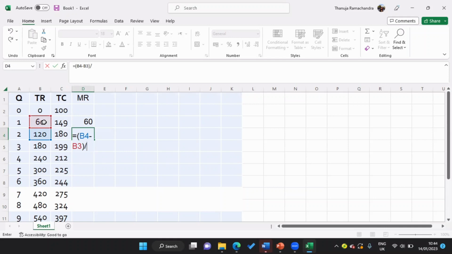So remember that marginal always refers to 1 unit, whatever the thing you're talking about. If you talk about revenue, it is the additional revenue due to 1 additional unit of the respective variable.